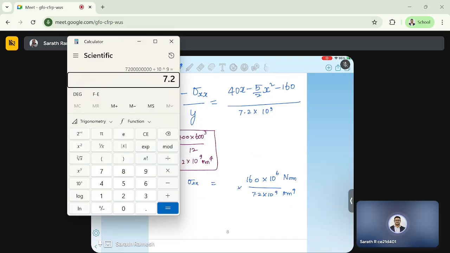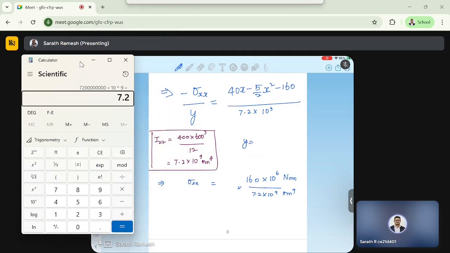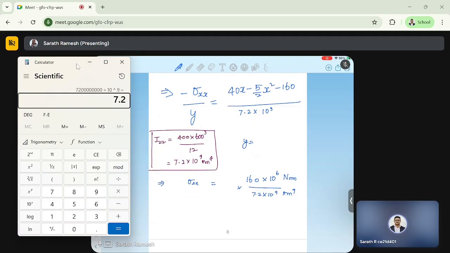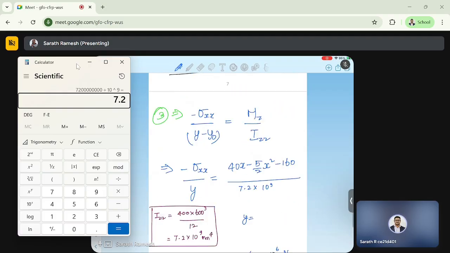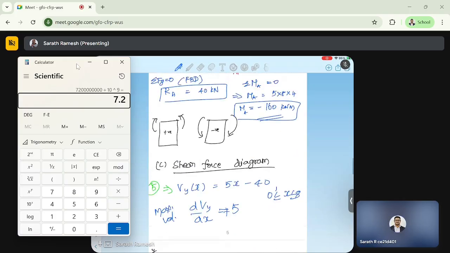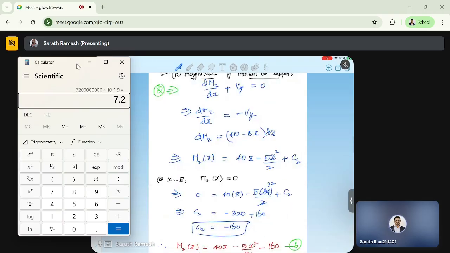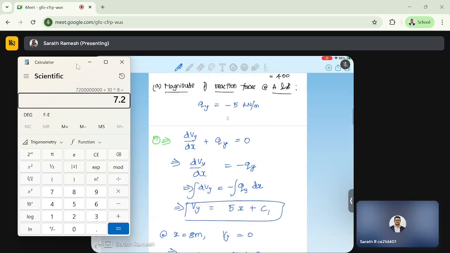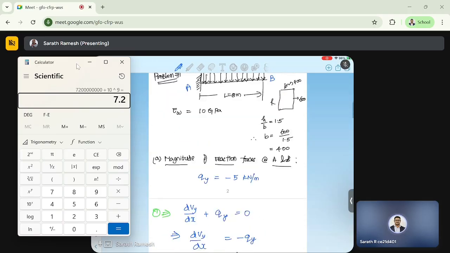Y is the distance of the extreme fiber, because for maximum or minimum bending normal stress we need to go to the extreme fiber. Since it's a rectangular section, the neutral axis will be at 600 by 2, which is 300 mm.